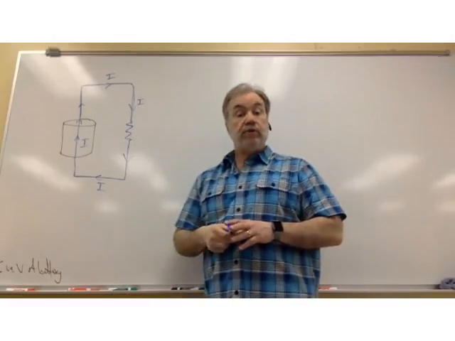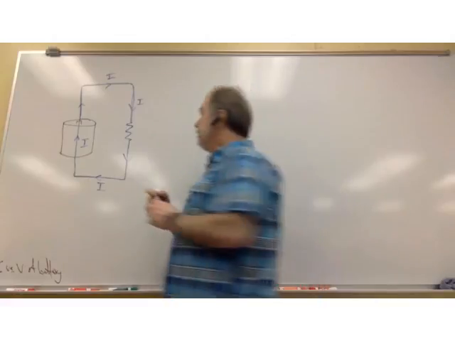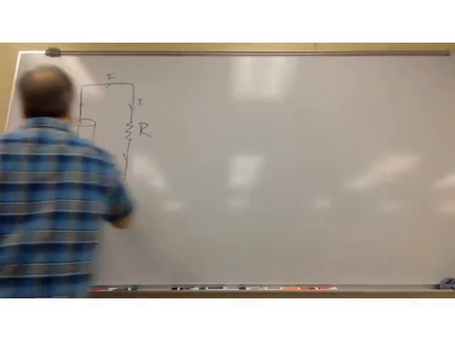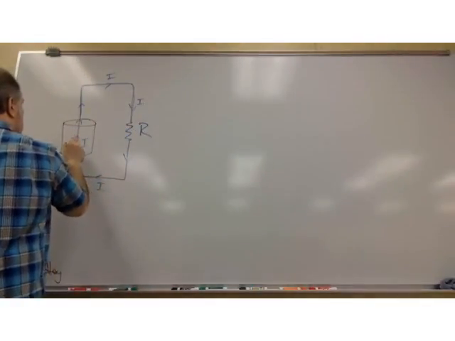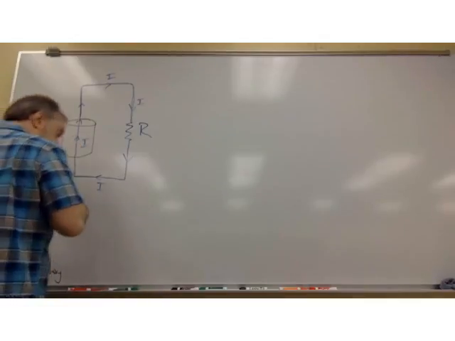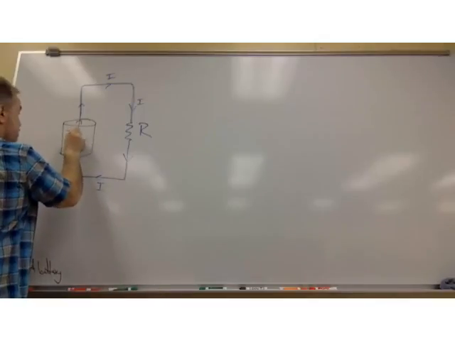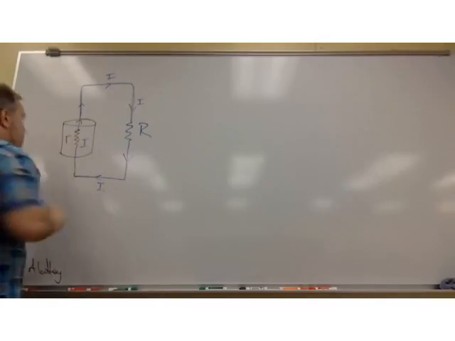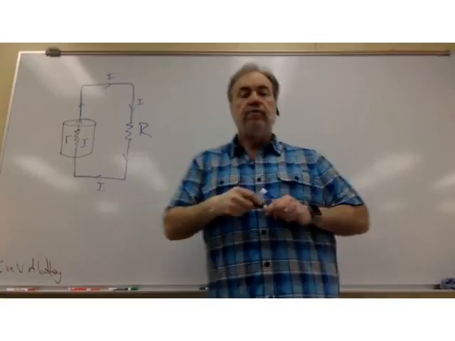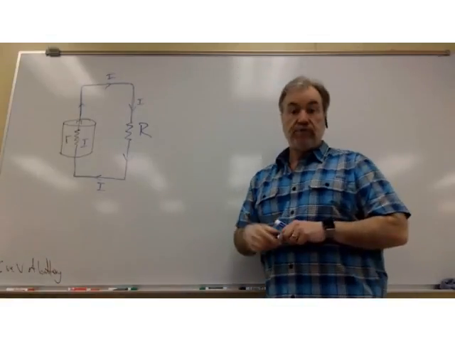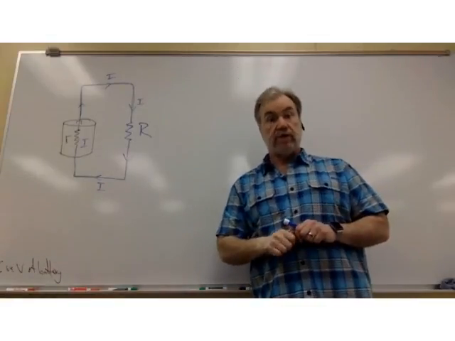So there's two contributions to resistance. There's the resistance of your light bulb, and then the resistance, the so-called internal resistance of the battery, which we usually symbolize with a lowercase r. The reason for that is, first of all, to remind us that it's a specialized resistance.